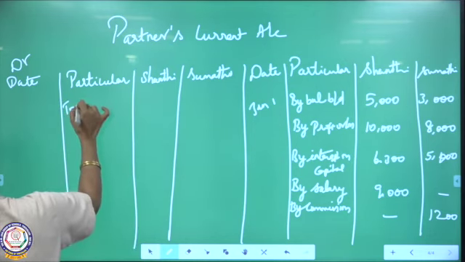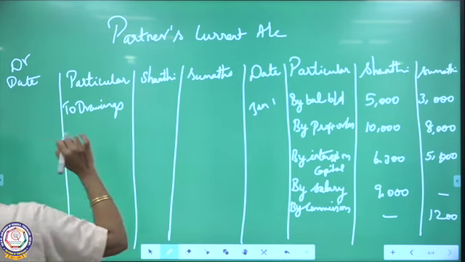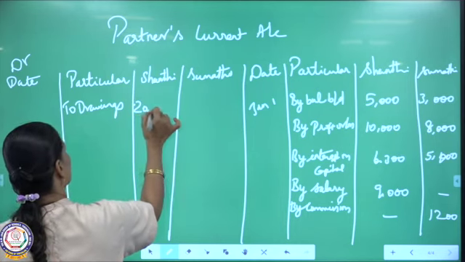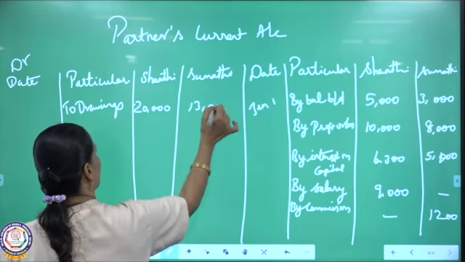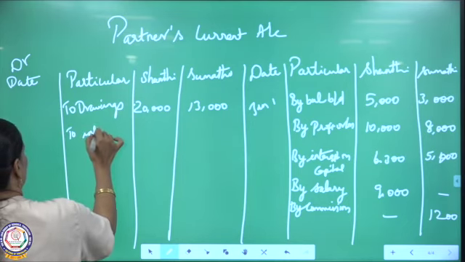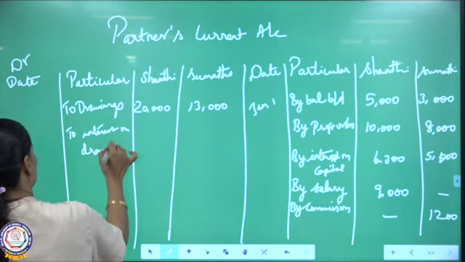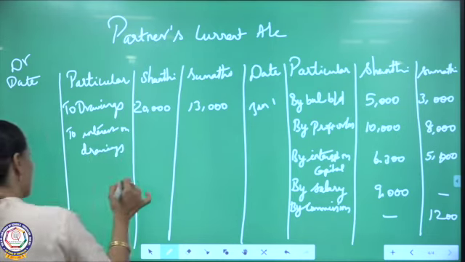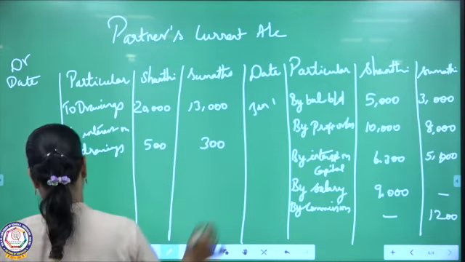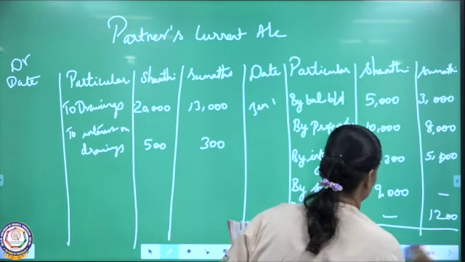Okay, and then here, to drawings, 20,000, 30,000, and then to interest on drawings, 500, 300. Now we have to calculate both the columns.